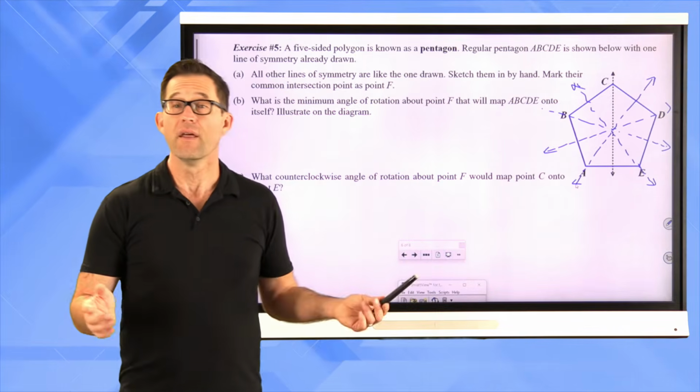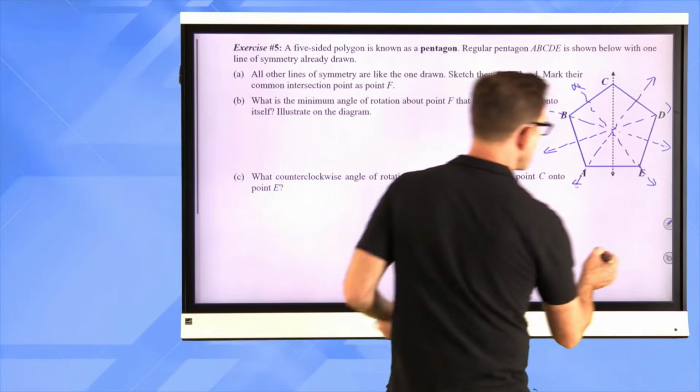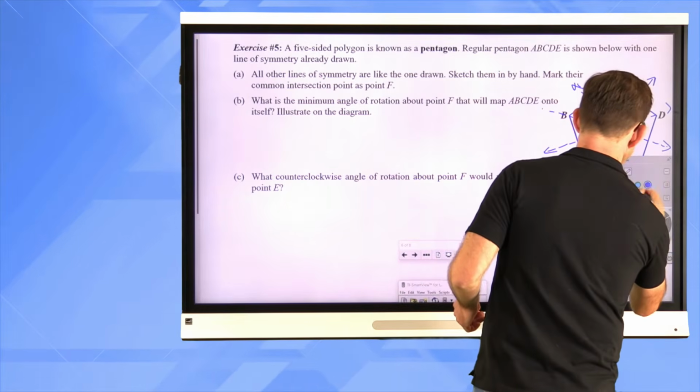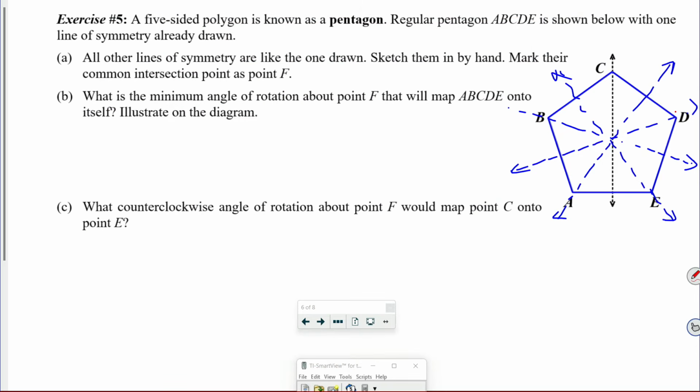Okay, and again, the idea here is, let me go into red so that it contrasts nicely with the blue, right? What would I have to do to map point D onto point C, and likewise point C onto point B, and point B onto point A, etc.? Well, we've got these, right, sort of radii going out from that center point to the vertices.